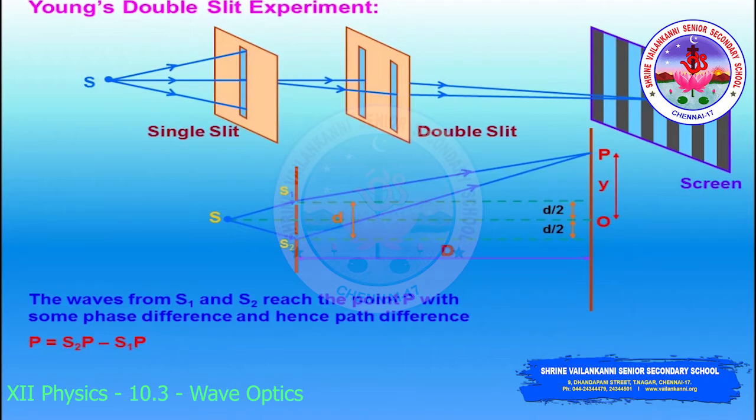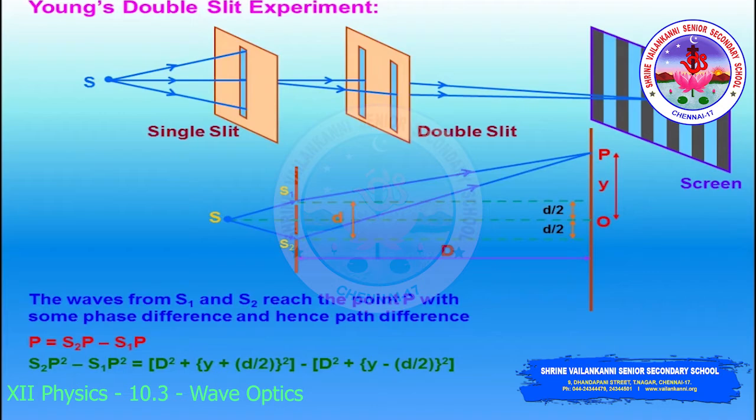From the right angled triangles we can take S2BP and S1AP. If we take that, we will get S2P square minus S1P square, which is D square plus X plus d by 2 the whole square minus D square plus X minus d by 2 the whole square.